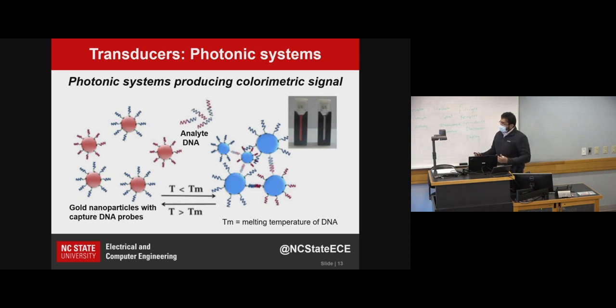Now, one will ask, I have never seen gold which is red in color or blue in color. And the other question is, why does the color change? Let's just assume, for argument's sake, the color of gold is red. Why does it change from red to blue? Just because it got aggregated. These are all the properties of nanomaterials.